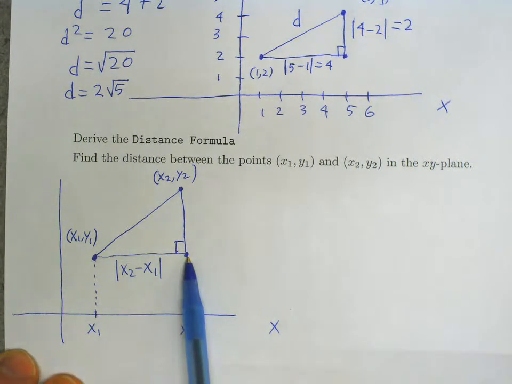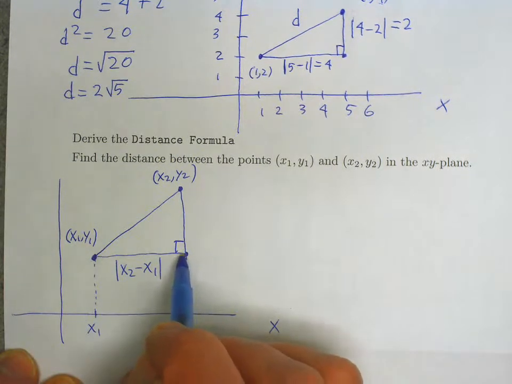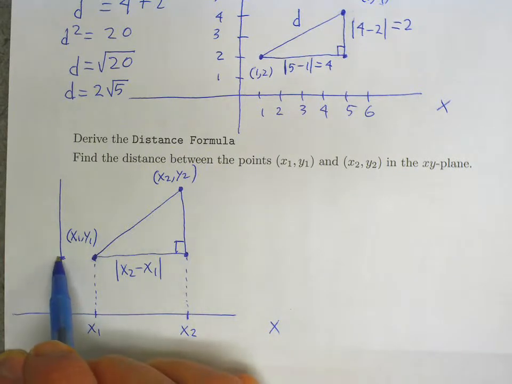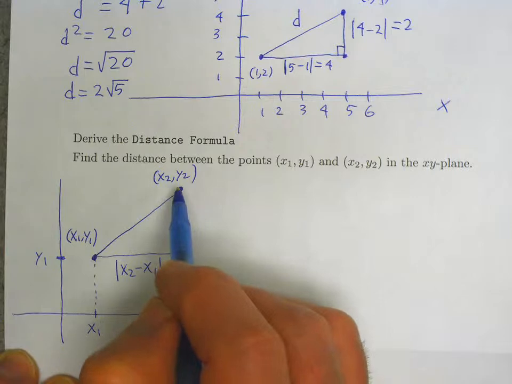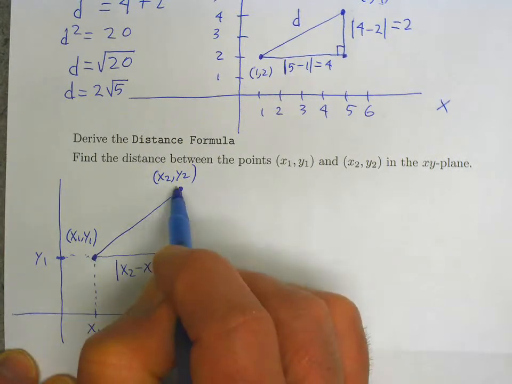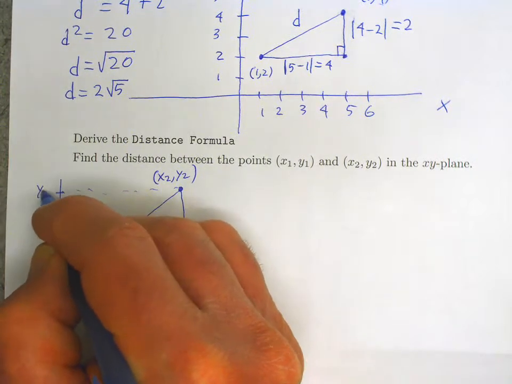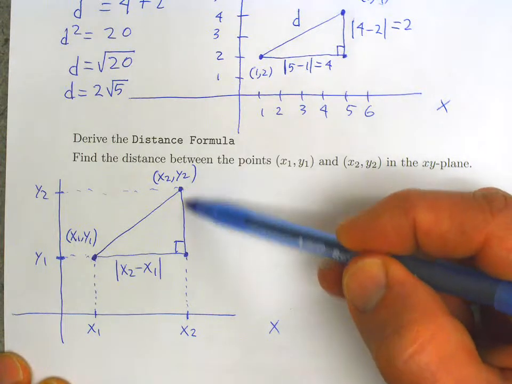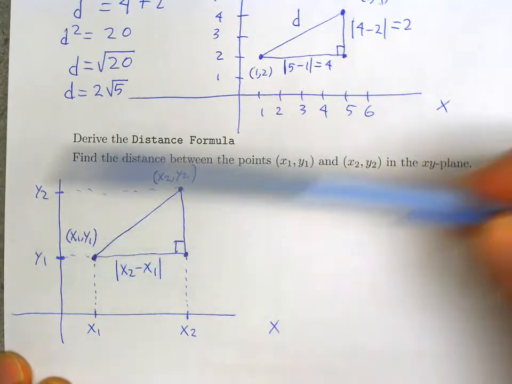And then similarly, for the vertical side of this right triangle, if you project this point onto the y-axis, this point is y1. And then if you project this point onto the y-axis, this point is y2. And so the length of the vertical line segment of that right triangle is just the absolute value of y2 minus y1.